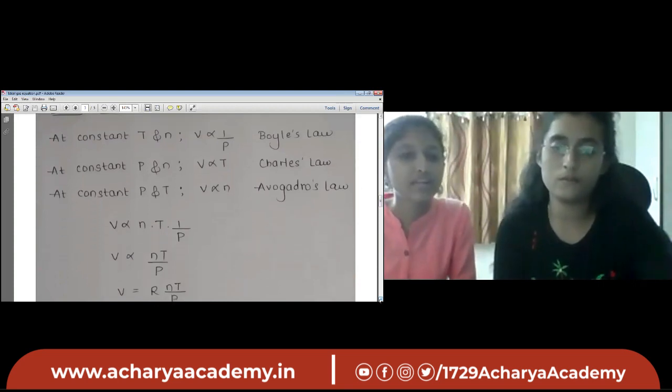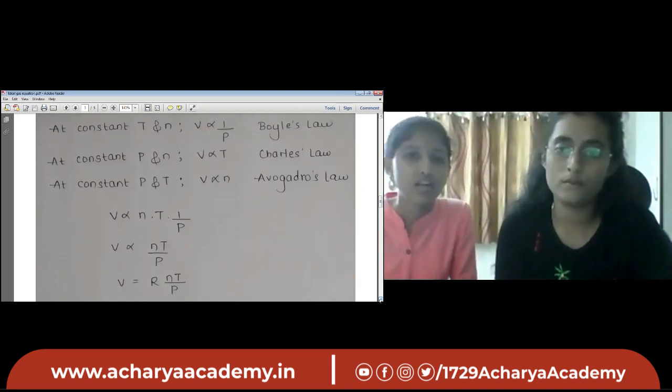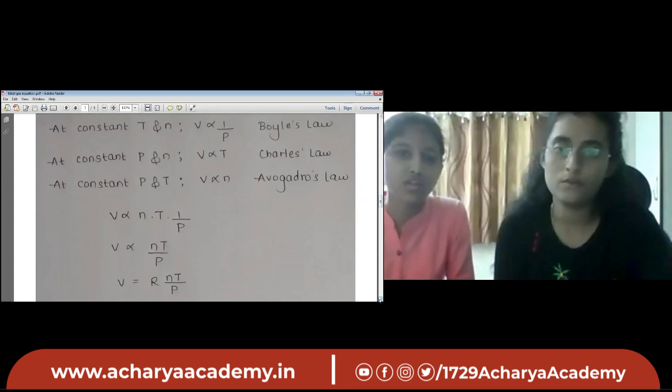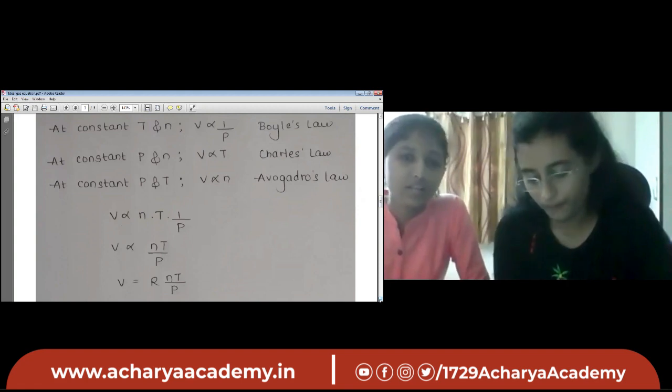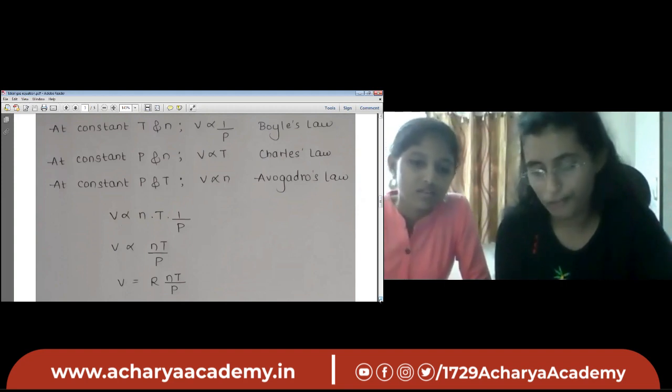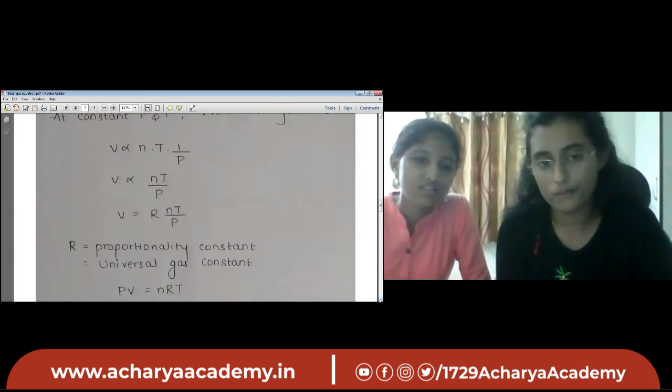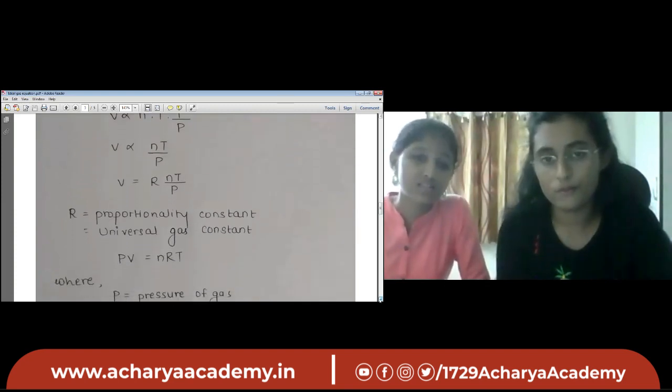So from that, we get an equation. Here volume is proportional to temperature as well as number of moles as well as 1 by pressure. So we get that volume is directly proportional to n into T into 1 by P. By removing the proportionality symbol, we get a constant R, the universal gas constant.